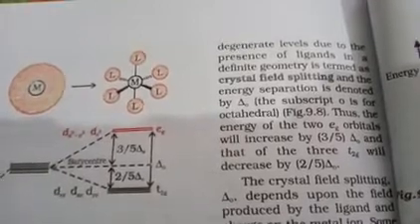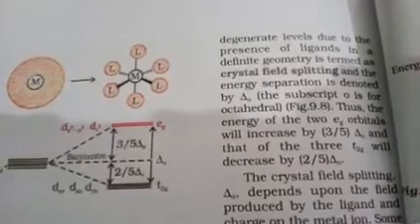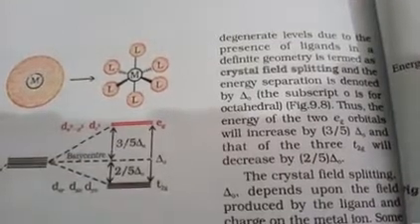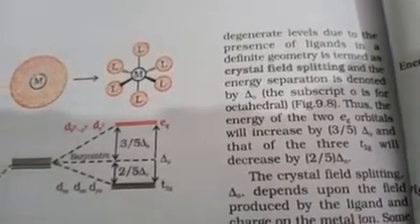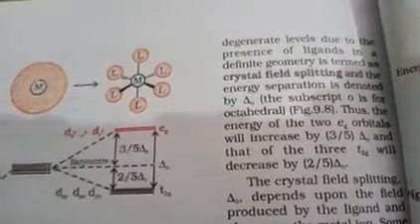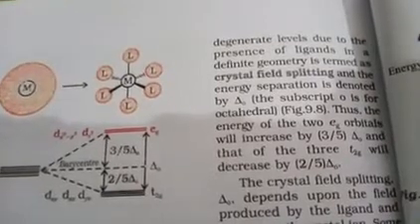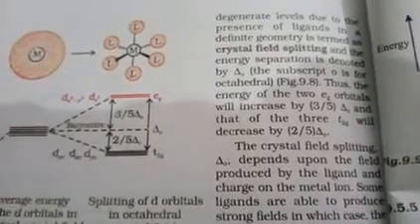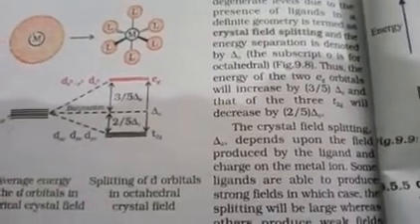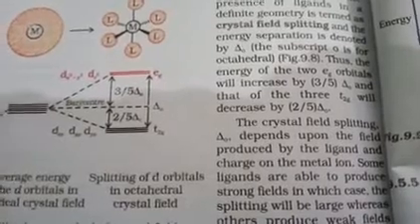That means from the original energy, the 3 T2g orbitals decrease by 2/5 of delta O, whereas dx square minus y square and dz square increase by 3/5 of delta O. The crystal field splitting, delta O, depends on the field produced by the ligands and the charge on the metal ion.